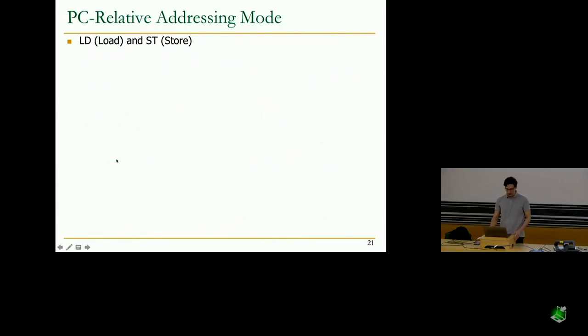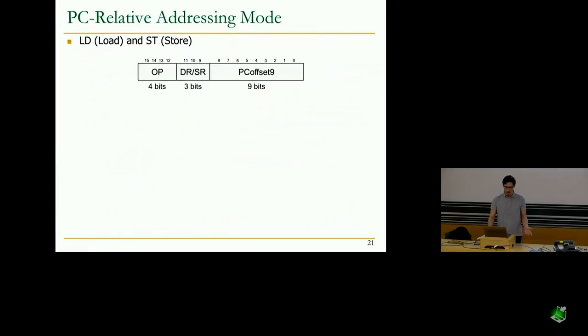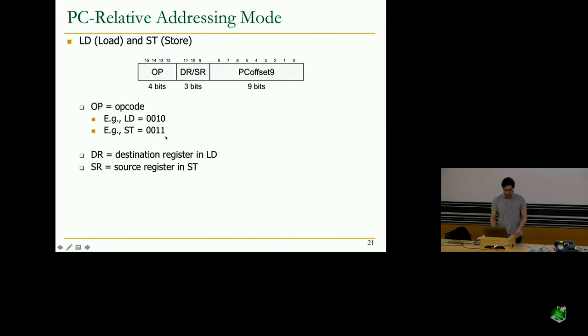So let's start with load and store, LD and ST. This is the encoding. Observe that we have the different opcode for load and store. We have the destination register in LD or the source register in ST. And these are the semantics for LD.